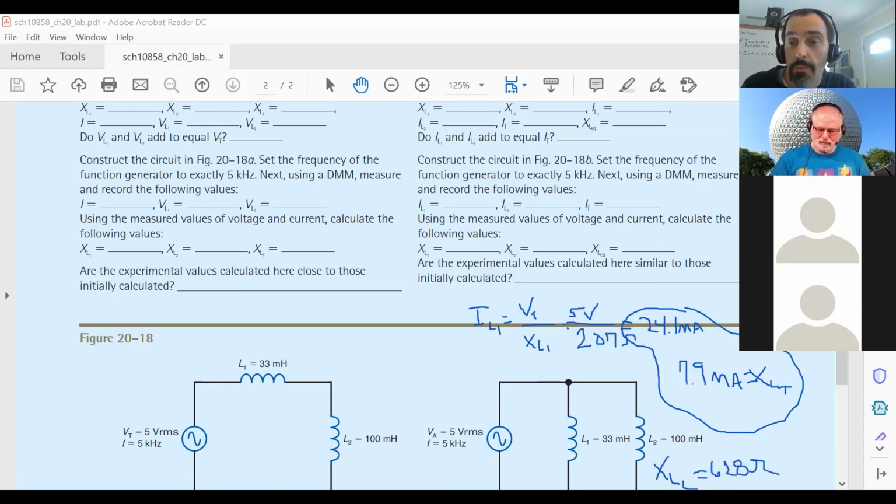So if we take 5 volts divided into 628 ohms, you get that.